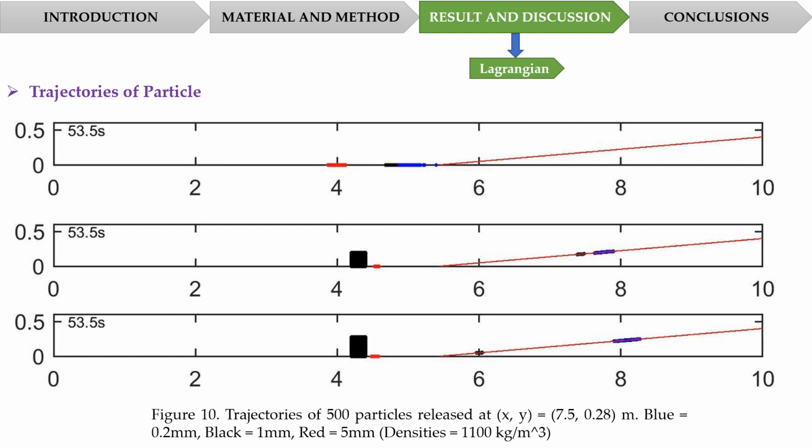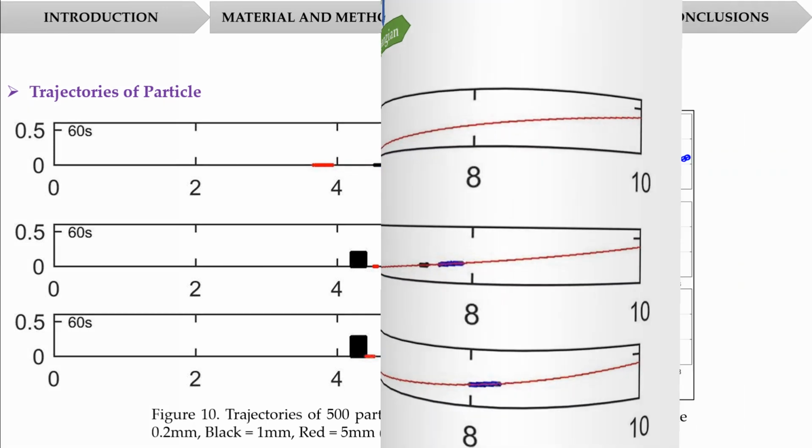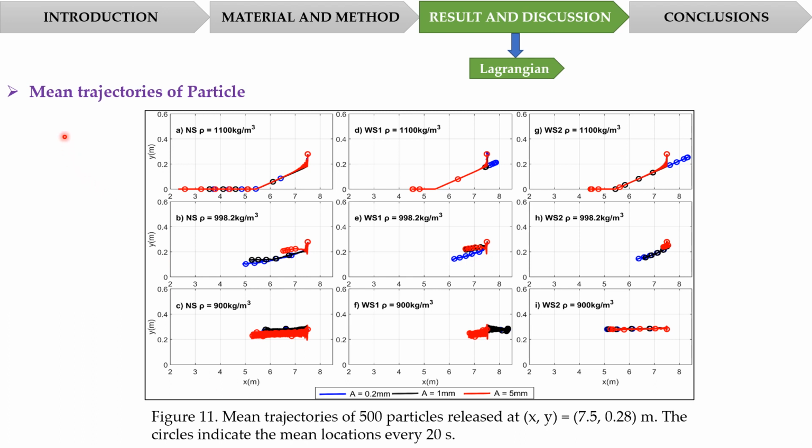The mean trajectory of particles in figure 11 shows the mean trajectory particularly near the surface and nearshore.